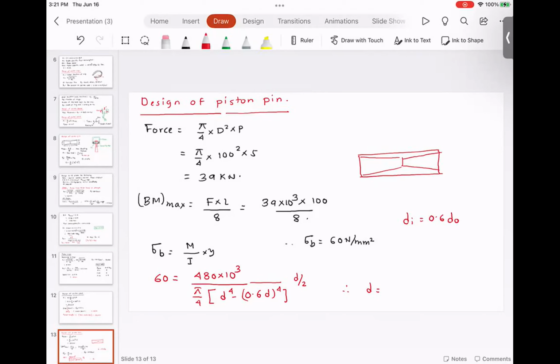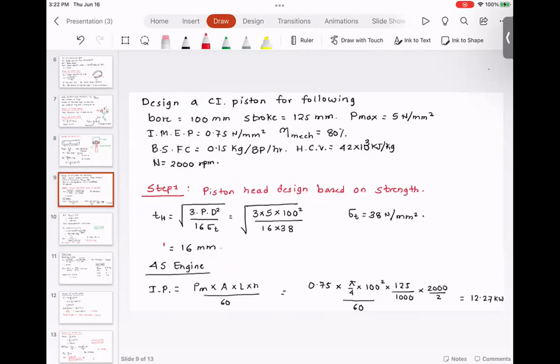So I'm going to quickly go through the process. We have to design a cast iron piston. In this particular case, the data is given. If this data is not given, this information comes from the cylinder design.